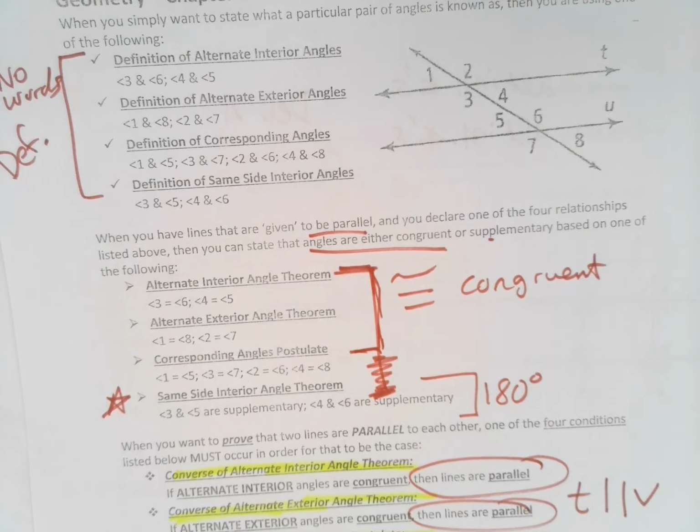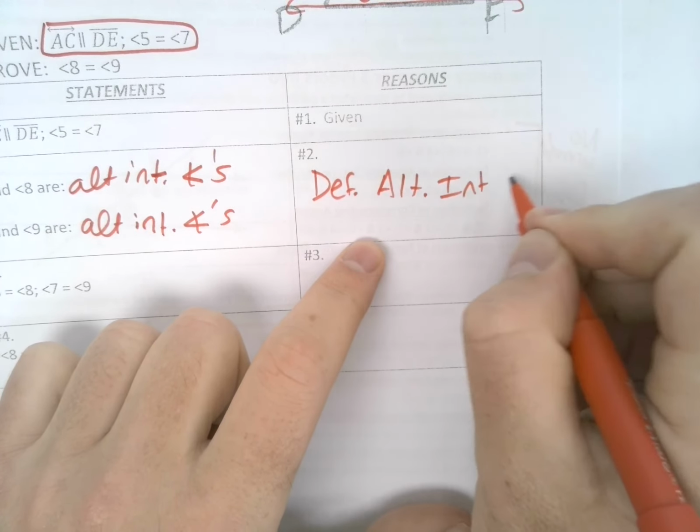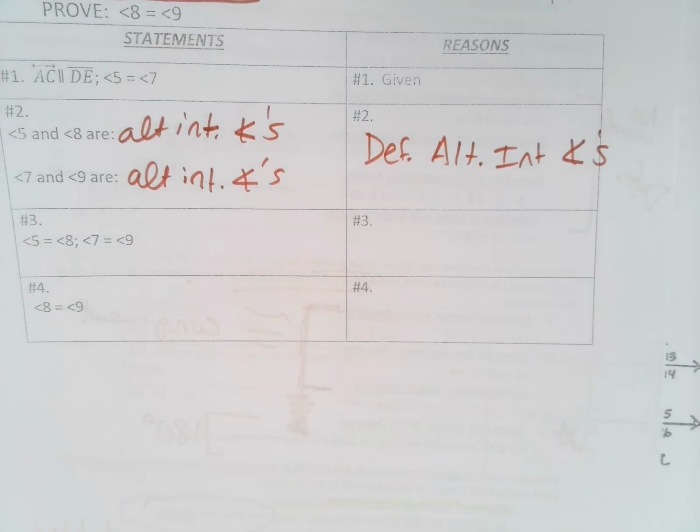Remember how all the definitions just said, hey, these angles are what they are. Here you go, guys. Definition of alternate interior angles. Just a statement, and I bet some of you guys can already finish this proof off.